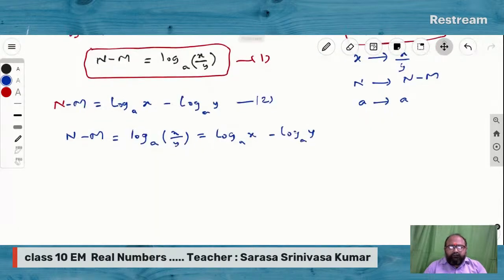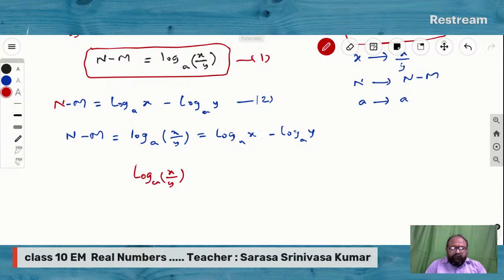Therefore, logarithm of x by y to the base a equal to logarithm of x to the base a minus logarithm of y to the base a.